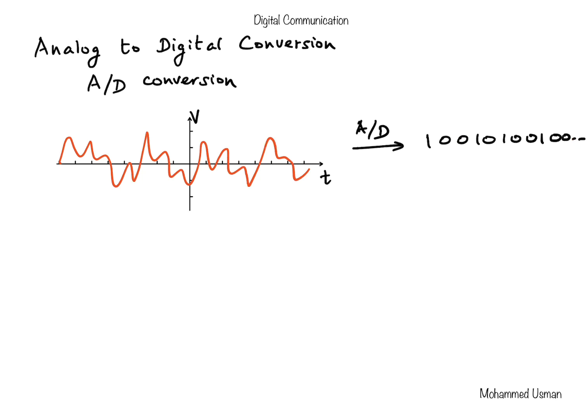So continuous in time, as well as continuous in amplitude. And A to D conversion translates the analog signal to a digital signal, which is a sequence of bits.